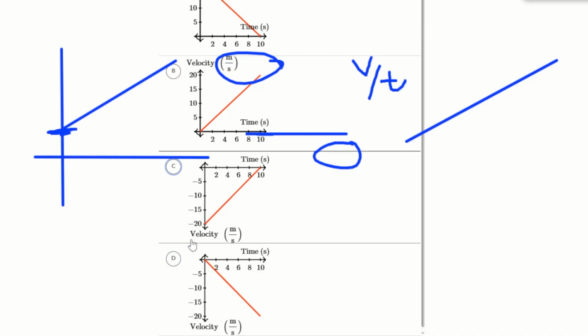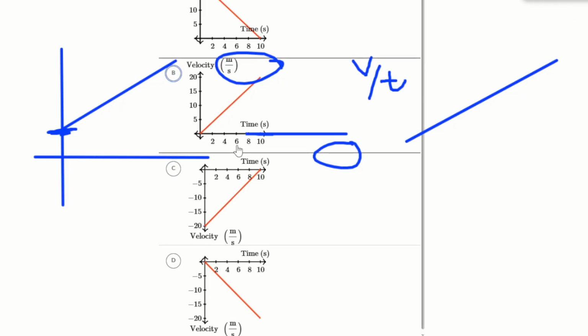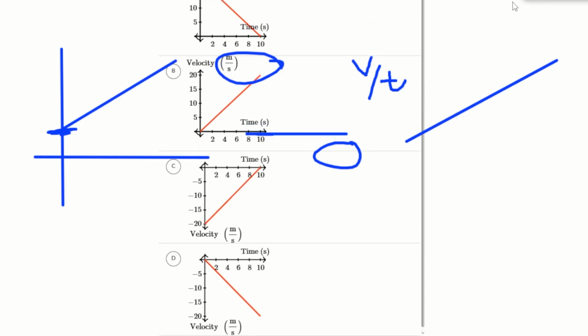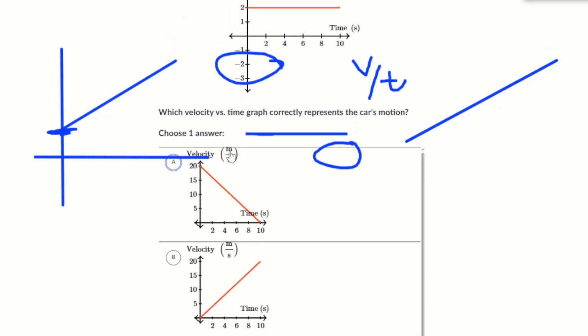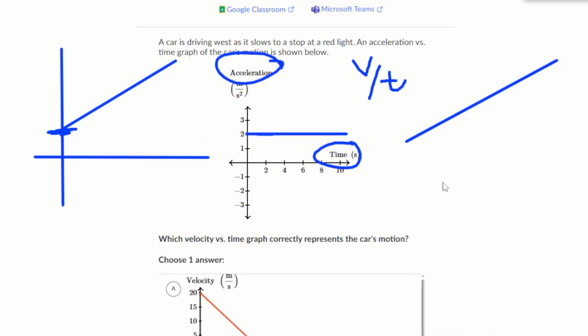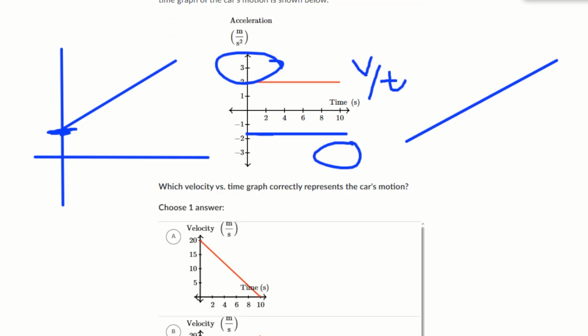And I know that this negative 20 might throw you off since it's not as similar to our graph. But remember, if we say that east is positive and west is negative, and it's already going negative 20 meters per second in the negative direction, then we add our positive, it's totally fine to have a negative velocity, because remember that it says it's going to stop at a red light.